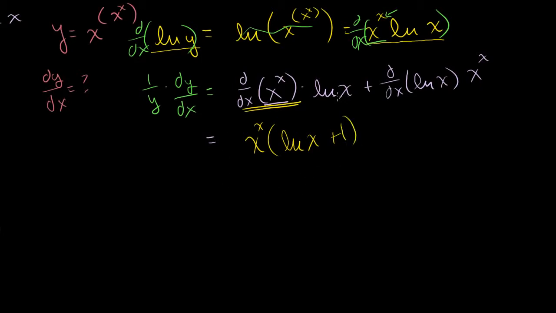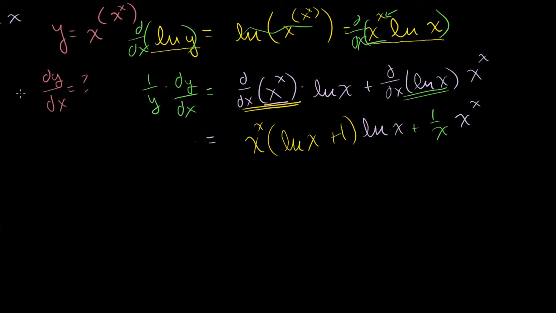And then we're going to multiply that times the natural log of x. And then we're going to add the derivative of the natural log of x, which is fairly straightforward. That's 1 over x times x to the x.